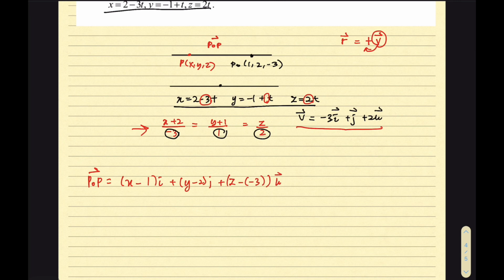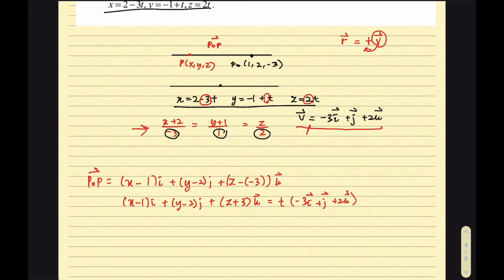Okay, so we have here (x minus 1)i plus (y minus 2)j plus (z minus, and minus is positive, so z plus 3)k is equal to t times v. So we have t, the scalar t, and our v is this one. Okay, negative 3i plus j plus 2k.